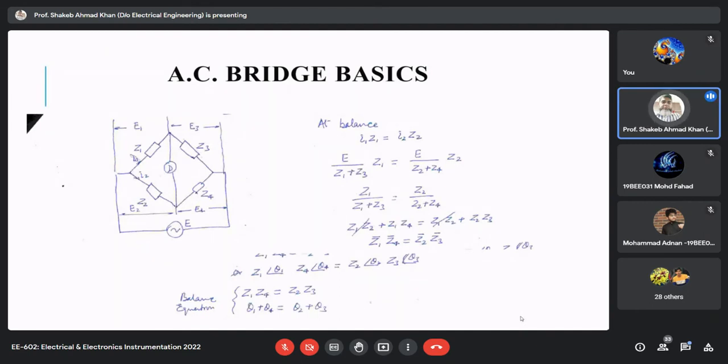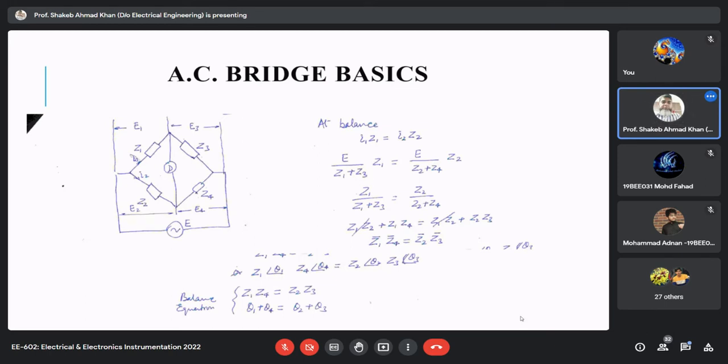So we'll start the AC bridge. From the circuit point of view, an AC bridge is similar to the Wheatstone bridge. Most AC bridges also have 4 arms, and because it is an AC bridge, the excitation is AC. So in this case, we can use all 3 components as bridge arm components: resistance, inductance, and capacitance. That's why you can see that impedances are used instead of resistances.